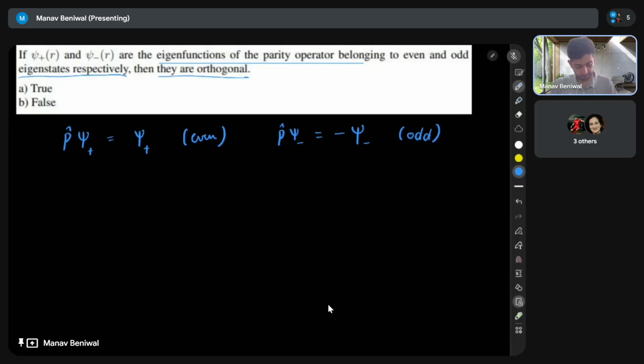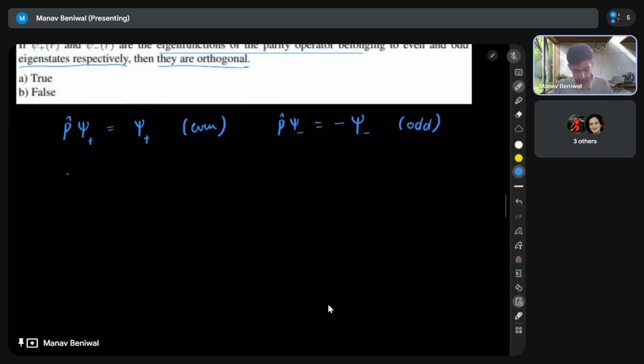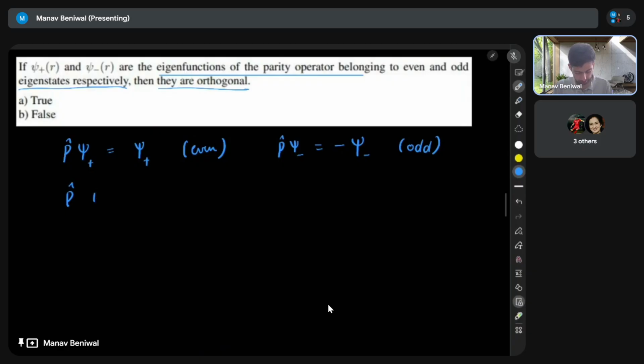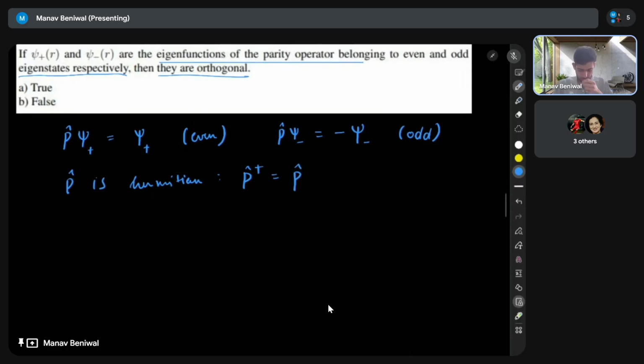Now we also know that p is Hermitian, which means p dagger equals p.